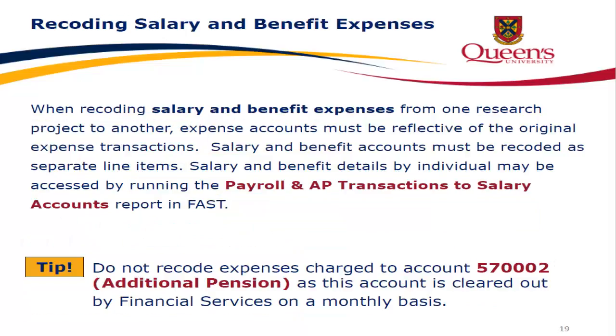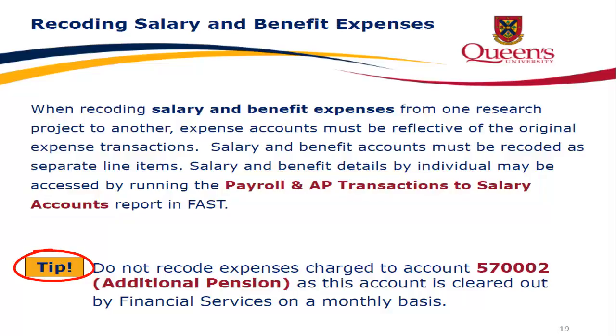When recoding salary and benefit expenses from one research project to another, expense accounts must be reflective of the original expense transactions. Salary and benefit accounts must be recoded as separate line items. Salary and benefit details by payee may be accessed by running the Payroll and AP Transactions to Salary Accounts report in FAST.